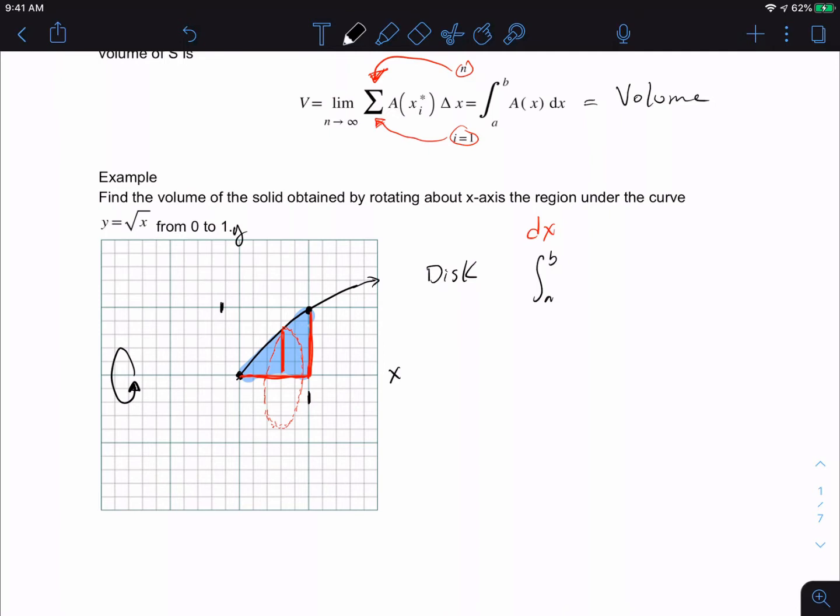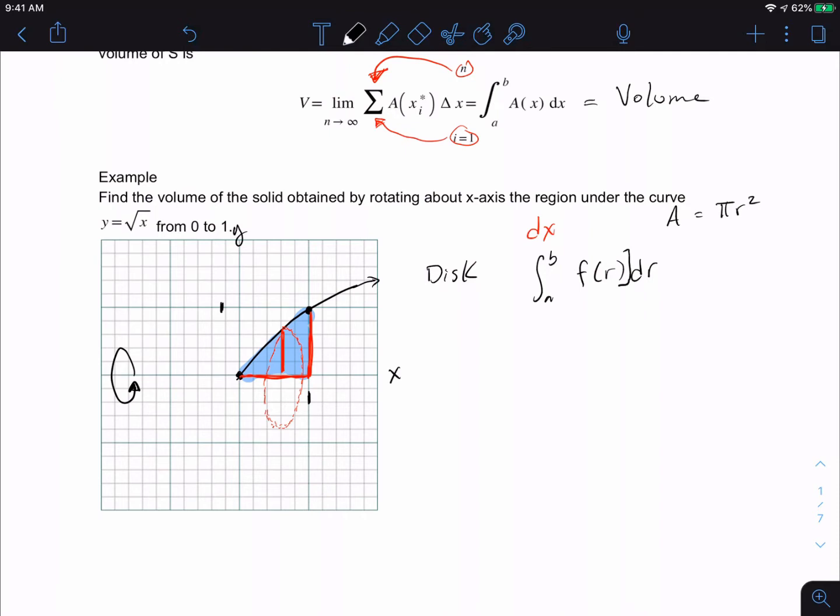Can someone tell me? Is it 2 pi r? That's the circumference. Remember, area of a circle is pi r squared.